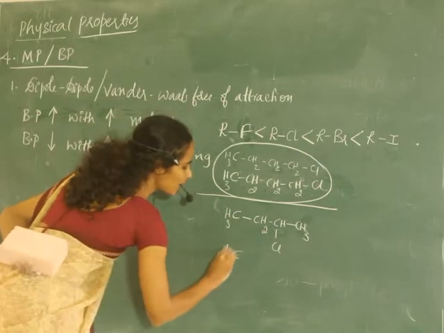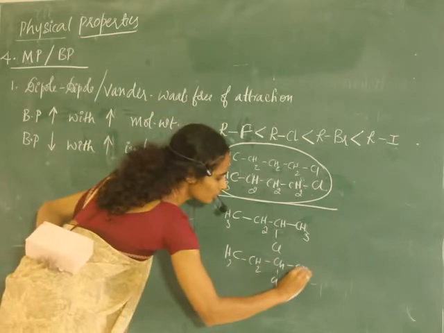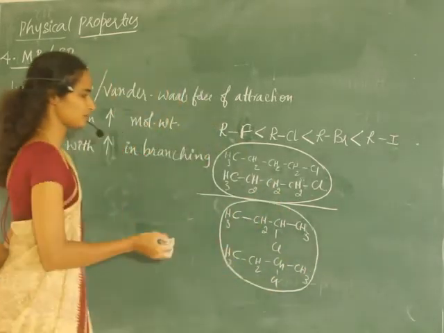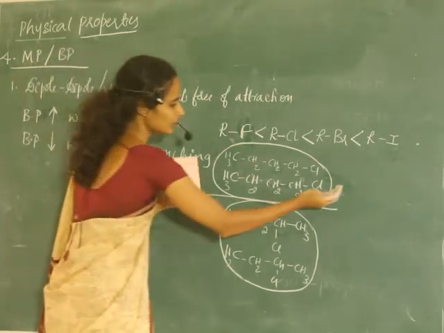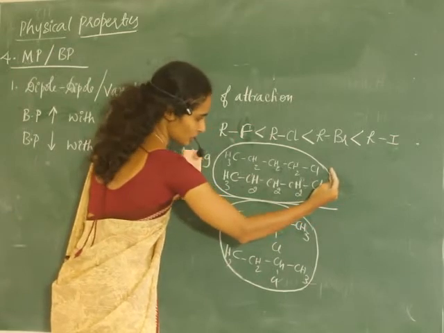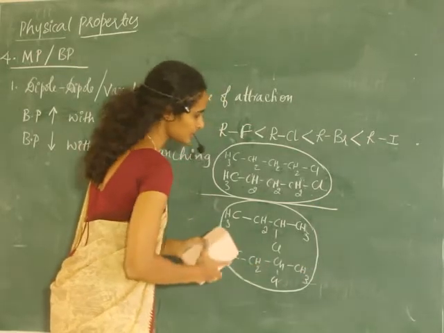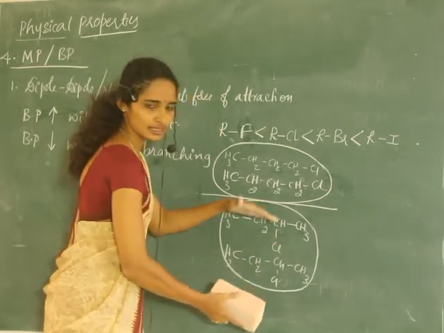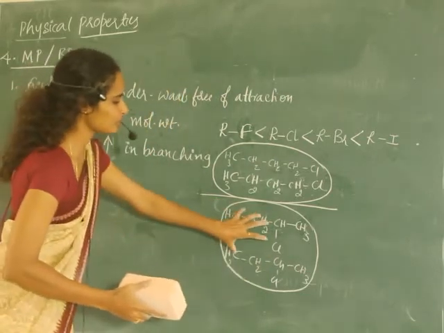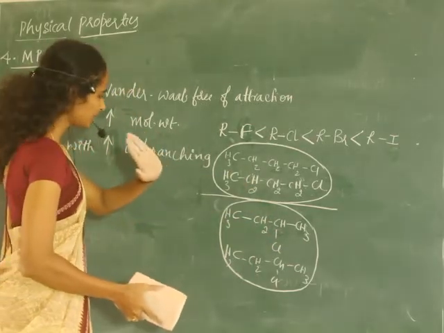Here in the isomer of that compound, it will become somewhat spherical. So you can observe more surface area in the straight chain, but the surface area is less here. Hence, as branching increases, surface area decreases. Surface area decreasing means van der Waals force of attraction will be less and the boiling point decreases.